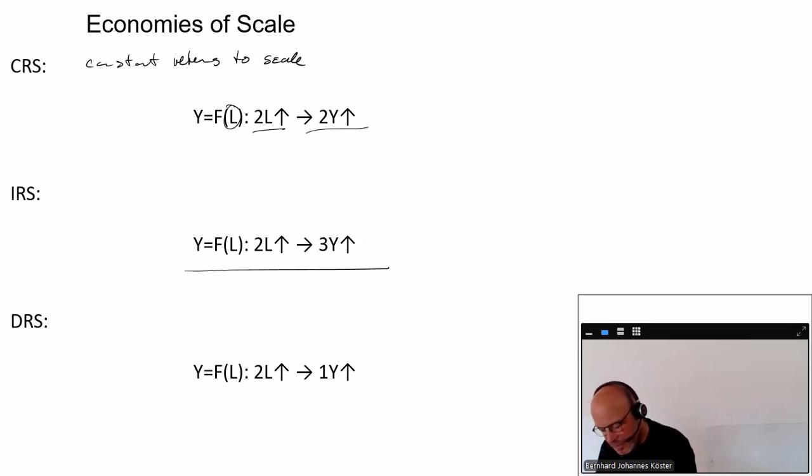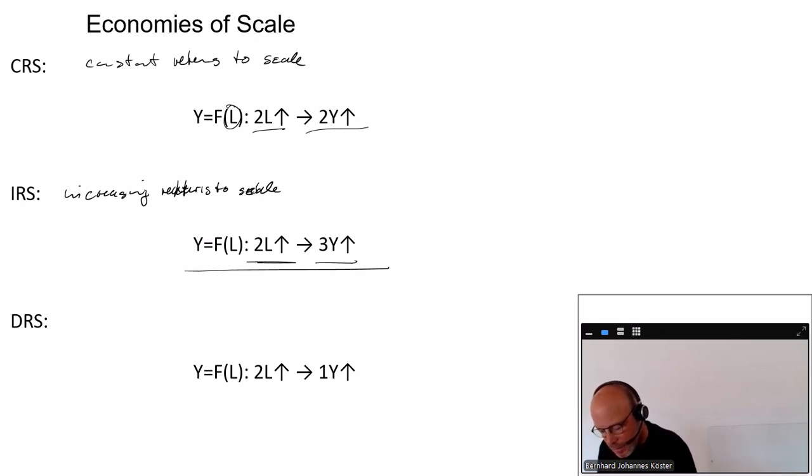And if we have the situation that we are doubling the input and the output is tripled, these are increasing returns to scale.